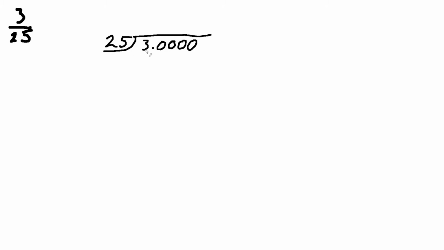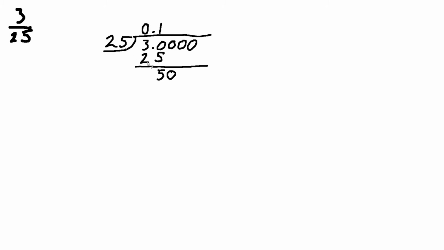So 25 does not go into 3. So we get 0 in this place. Now 25 goes 1 times into 30. So we get 1 times 25, leaving us with 50 here.